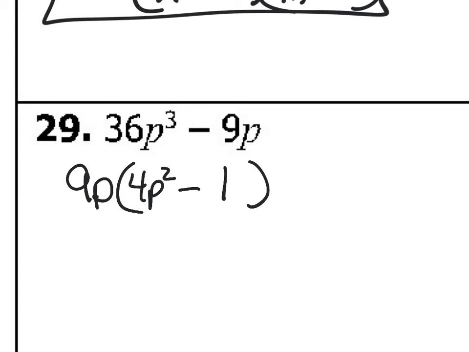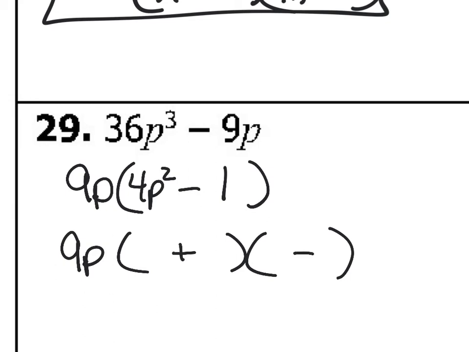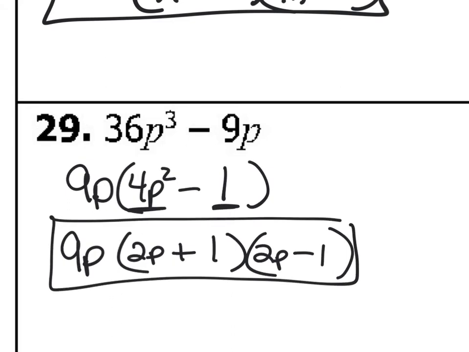Well, it's a difference of squares, because the square root of 1 is 1, right? So we can do this. So 9p times 2 binomials, one's plus, one's minus. So first term, square root of 4p squared is 2p. And then the square root of 1 is 1. So you have a factored form there.